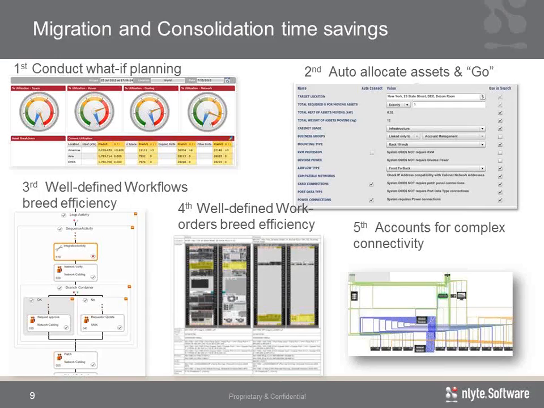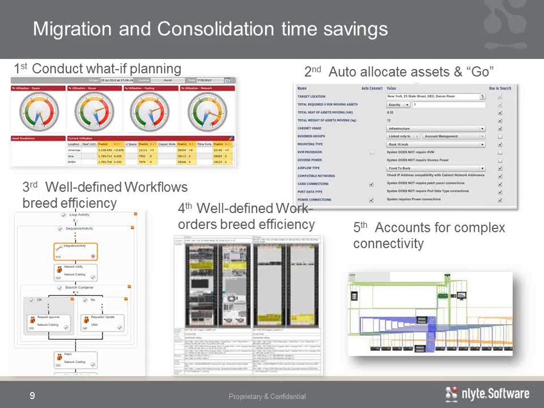By using these workflows, which feed work orders, you're now able to manage and bring online all of your assets. You eliminate the need for the spreadsheets. The spreadsheets, in fact, introduce some risks due to a lack of error checking. So the work order just makes everything run smoothly and efficiently.